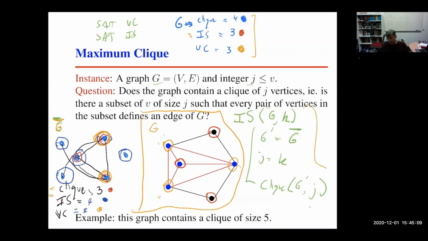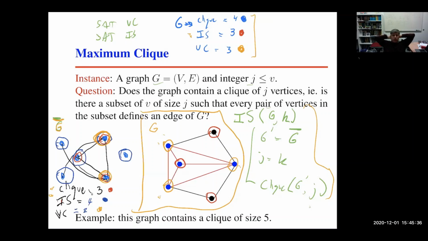This is what the relationship is, okay? If we have a clique of size K in G, we have an independent set of size K in the complement, and vice versa. Any questions about these relationships?